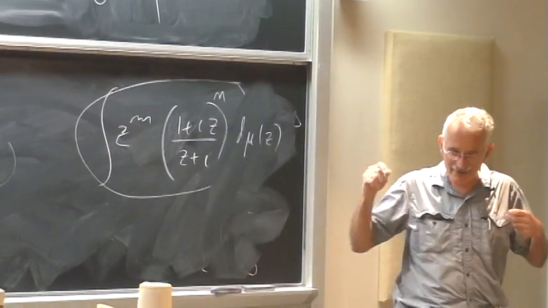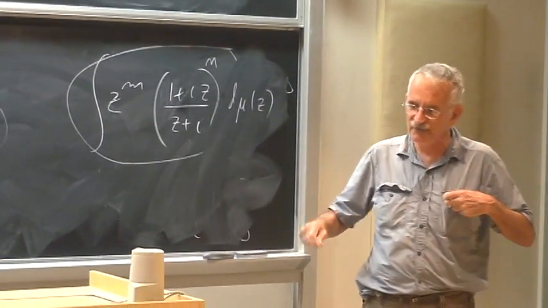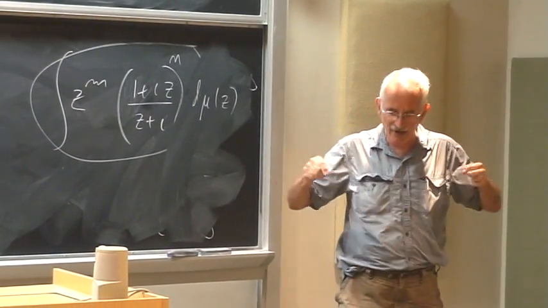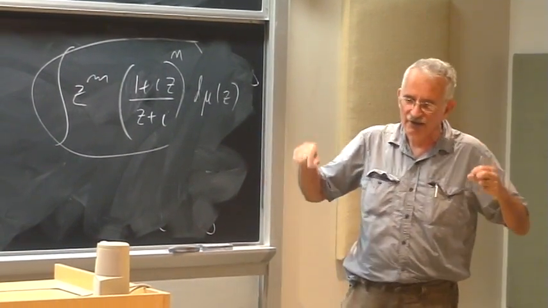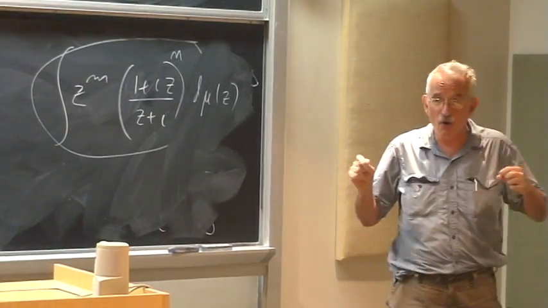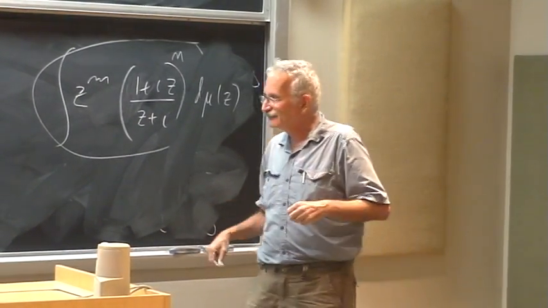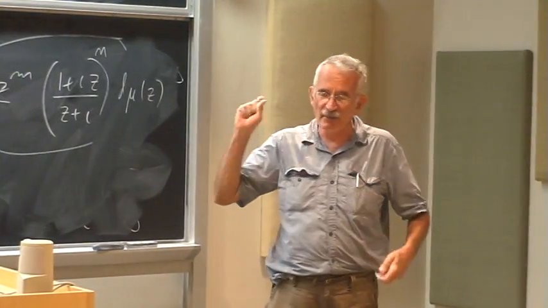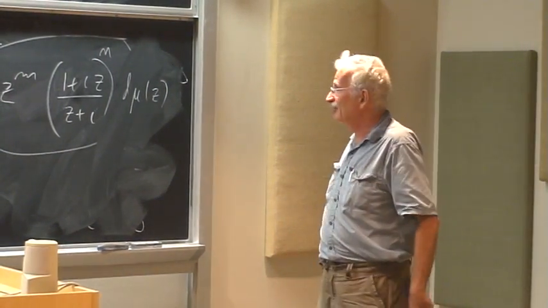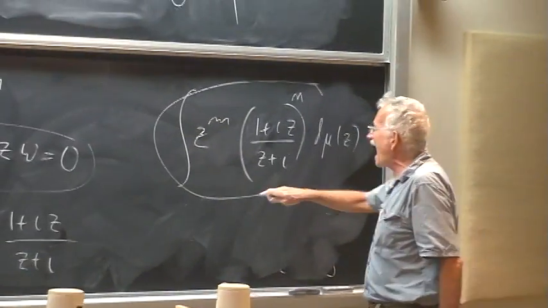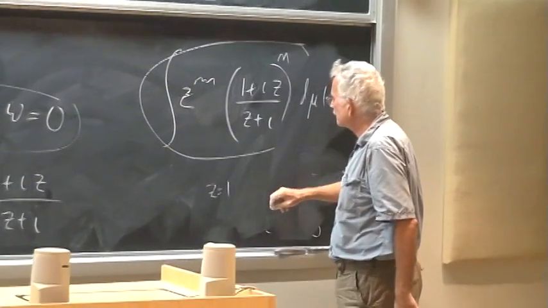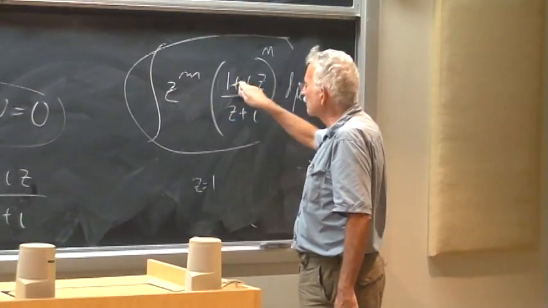Reminding you from complex analysis, Liouville's theorem says an entire complex analytic function of bounded growth is always a constant. And this is a more general version: if it's polynomial growth, it has to be a polynomial. But now, if you look, if z equals 1, then you get 1 and 1.